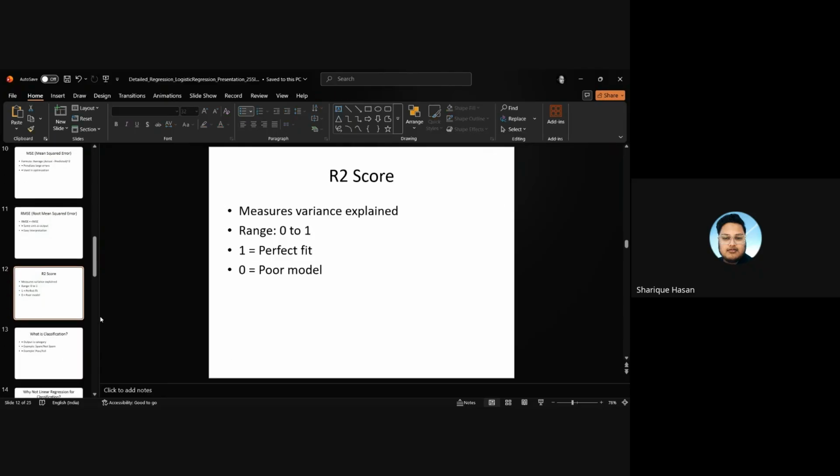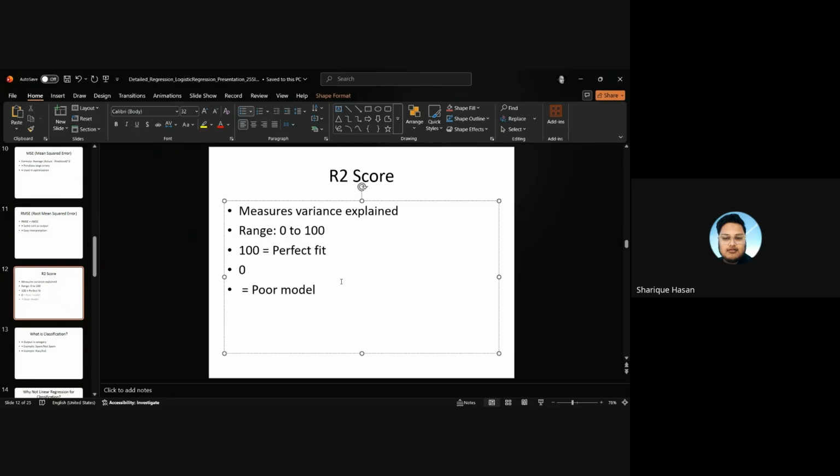Then we have R2 score. R2 score measures the variance explained, and it shows a range, like 0 to 1, or 0 to 100 as given in the example. 100 is equal to a perfect fit, and 0 is equal to a poor model.